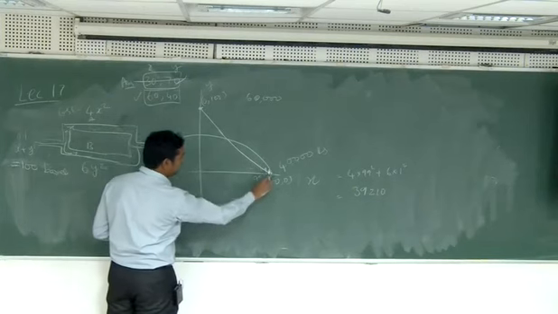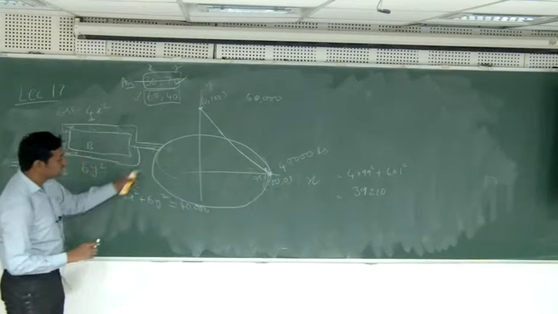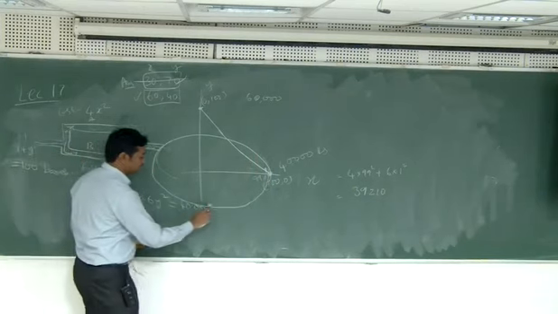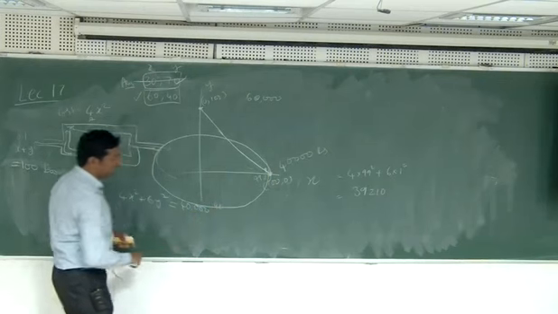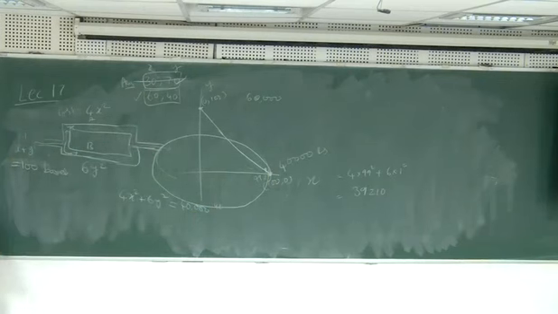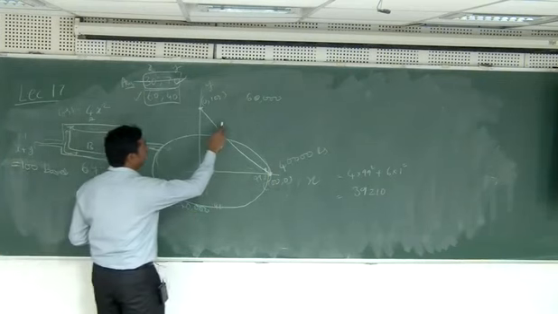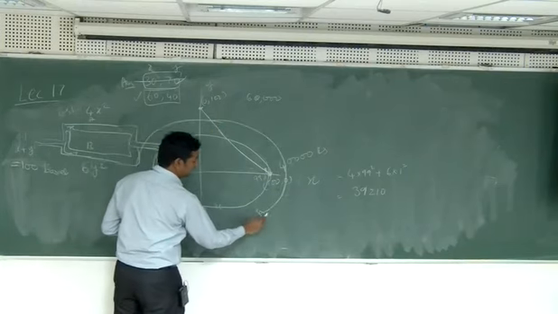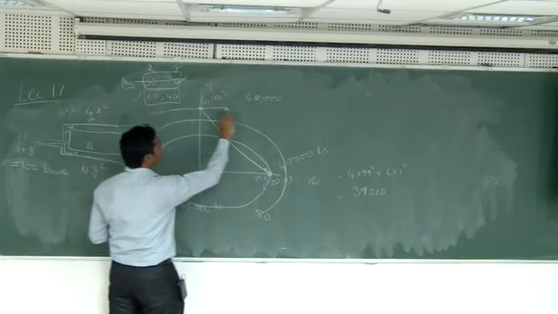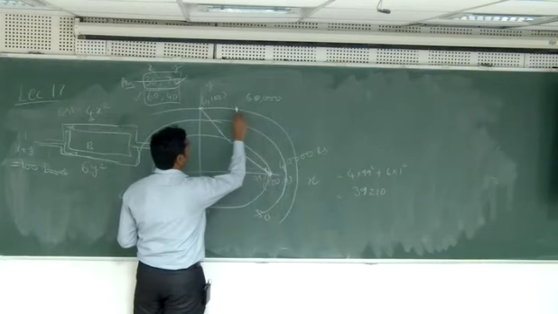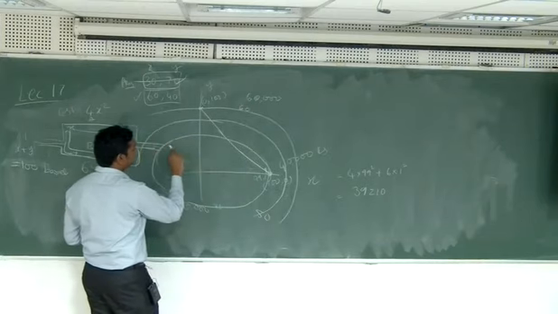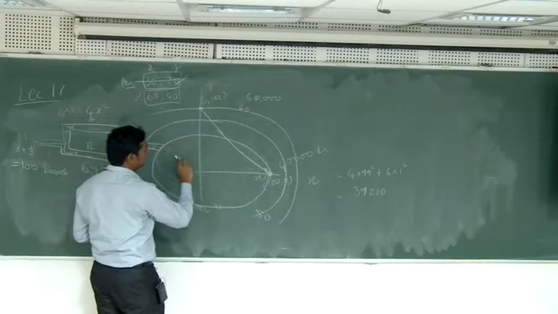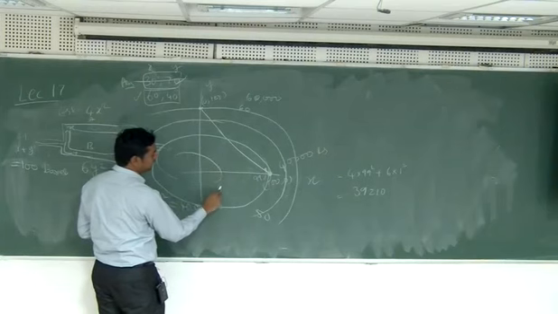I'm bad at drawing ellipses. This ellipse represents 40,000. The ellipse which represents 50,000 will be slightly outside like this. This is the ellipse which represents 60,000, and maybe this is the ellipse which represents 10,000.